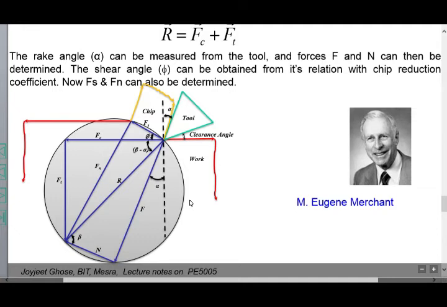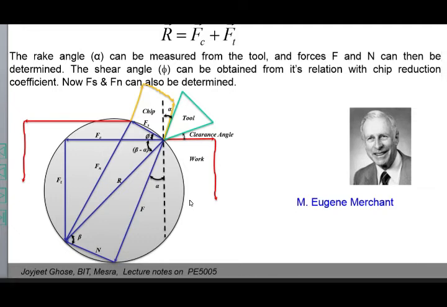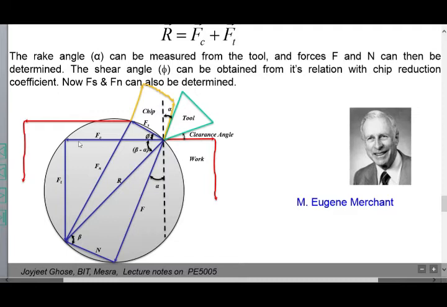We identify them easily. Gamma is the rake angle and phi is the shear angle. What is beta here? Beta is the friction angle of the tool face.